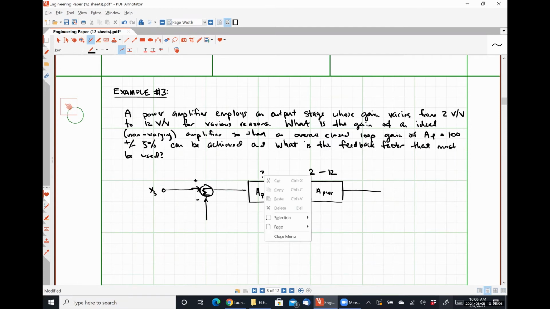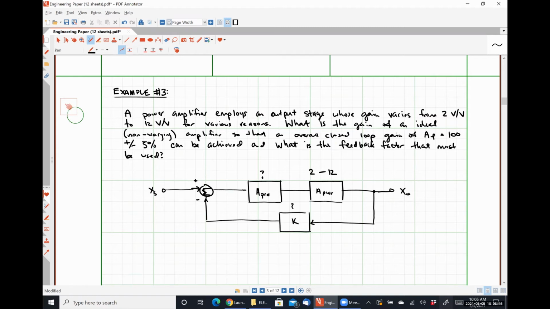We want to know this guy's gain, and that combination of amplification, we are applying some form of negative feedback, giving us our output signal of X naught, where our goal again is to figure out what the gain of our preamp needs to be and the feedback factor needs to be in order to make this happen.